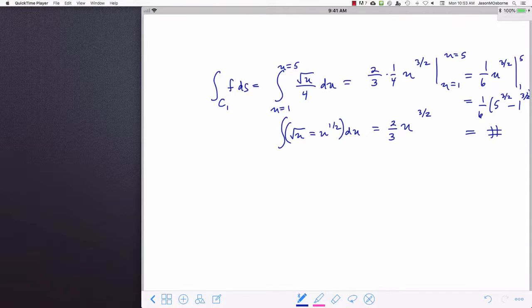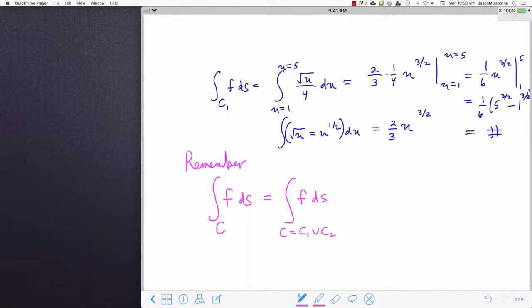The next part of the problem, this was only part. Remember that we were computing the line integral along the curve C of f ds, and curve C was made up of two curves.